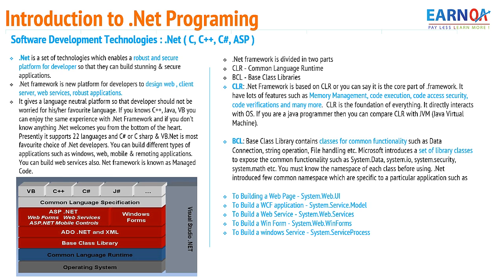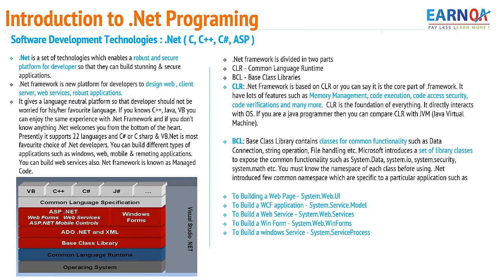The BCL is all about helping users to access the existing set of libraries. For example, if you want to build or develop a web page, system.web.ui is the base class library. If you want to build a web service, system.web.services is the base class library.